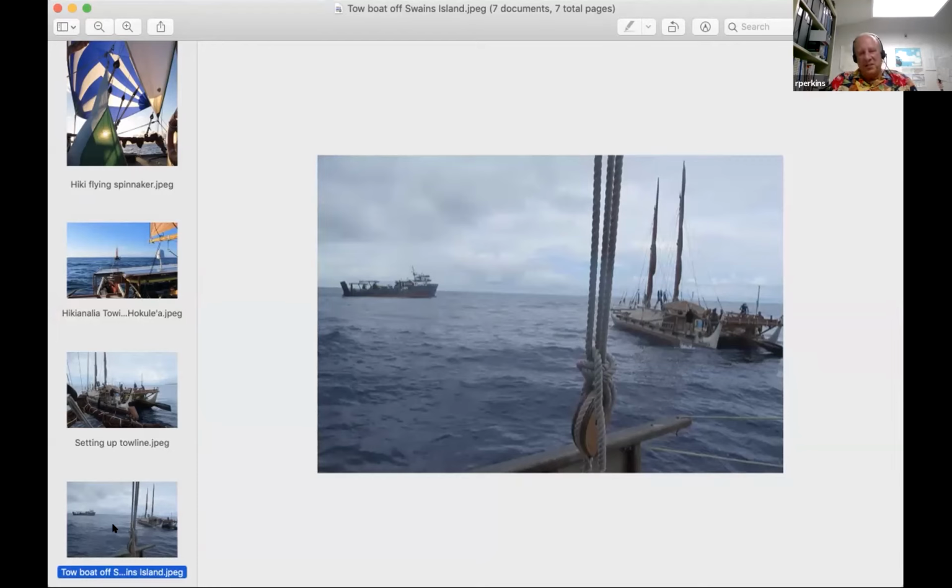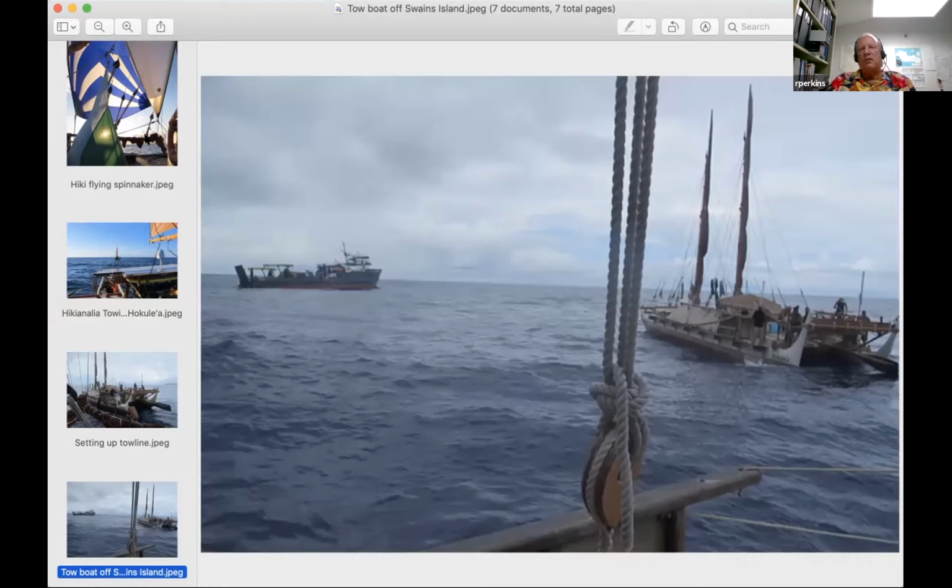Okay, this is a picture, I believe, and Kelly, if I'm wrong, please chime in here. This is a picture of the towboat that was off Swains Island when we went to Samoa. The problem at Swains Island, there was no anchorage. And so what we had to do is come up close, a boat would come out, put part of the crew on a little aluminum skiff, and run them through this reef, which was like a slalom course. I'm glad I didn't have to take anybody through there and drive it.